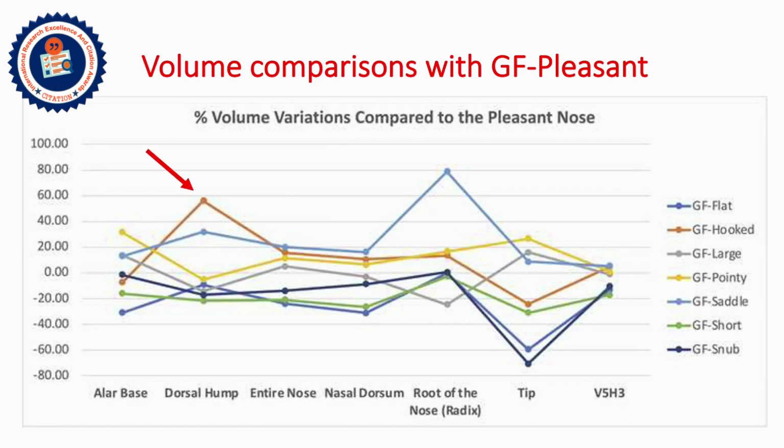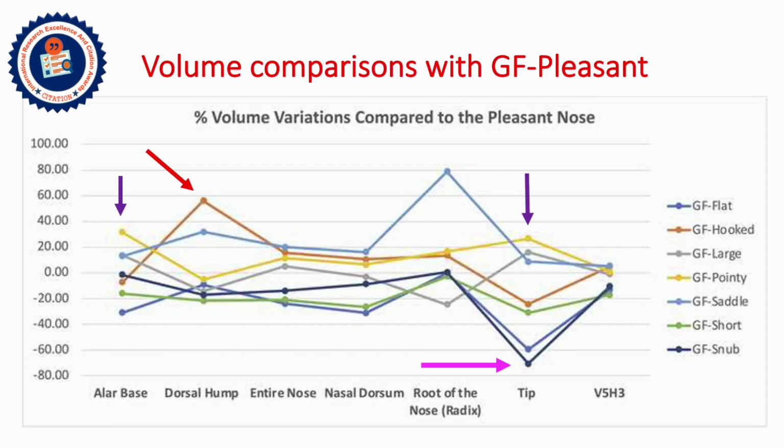For example, here we have the GF hooked with the largest dorsal hump, which is expected. And then we have the GF pointy nose with a larger alar base and again a larger tip, in fact the largest tip compared to the Pleasant nose.